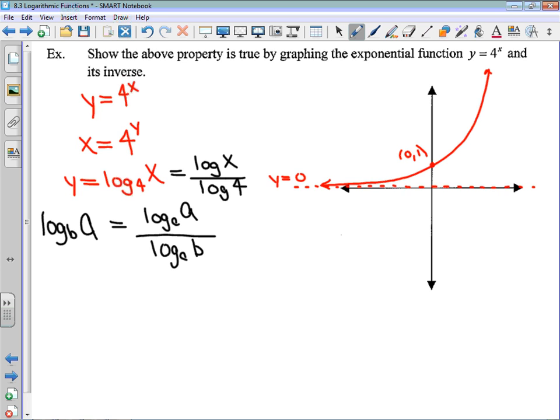Now, I don't want to belabor too much, but when we do graph y equals log base 4 of x, or log x over log 4, what I get is this logarithmic function. When the argument of the logarithm, so when x is 1, y is equal to 0. And what we see happening on my black graph there is we would also have an asymptote, except it would be at x equals 0.